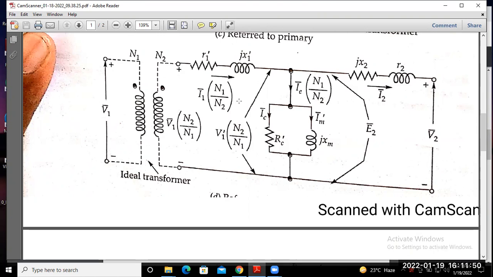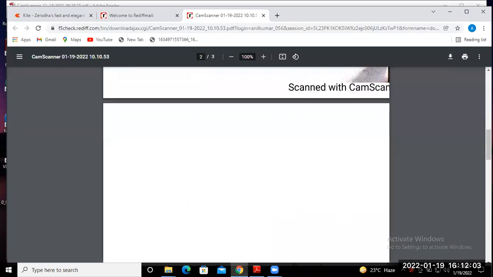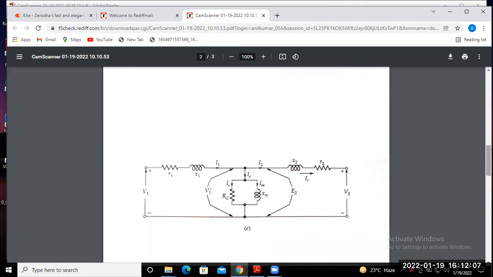If you want to simplify the circuit further, then we can simply draw the general representation of the transformer, that is this one. Here we have R1 and X1, V1, and RC and XM.